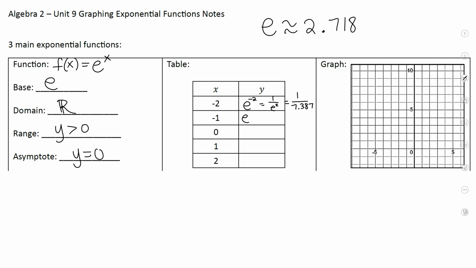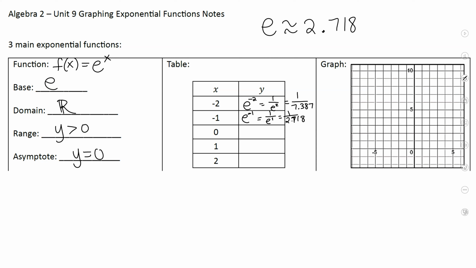e to the -1 power, or negative first power. Put it as 1 over e to the first power. Guys, what is anything to the first power? Itself. Okay, and we said e was 2.718. e is just 2.718.